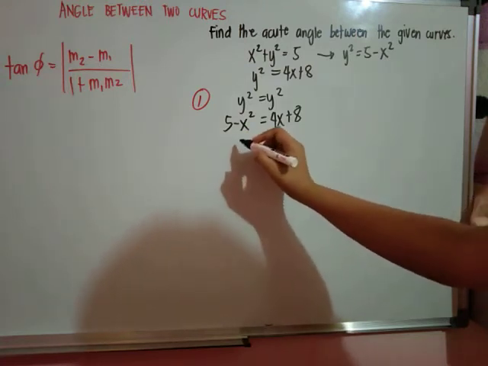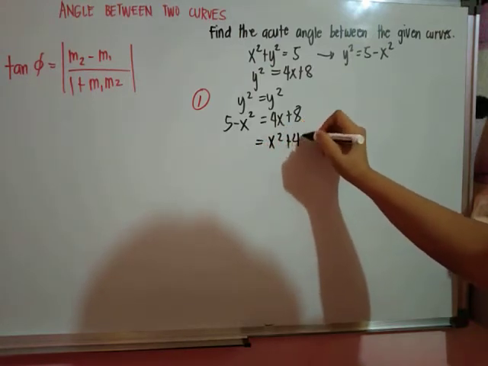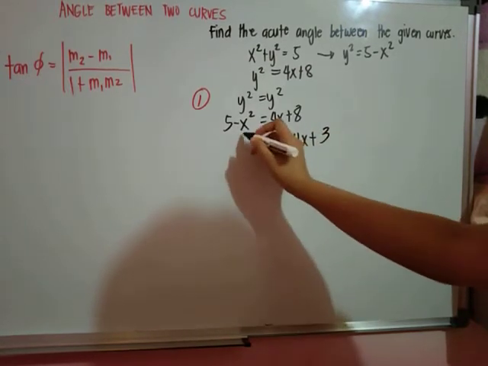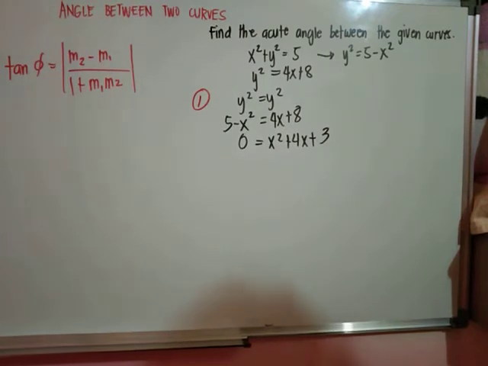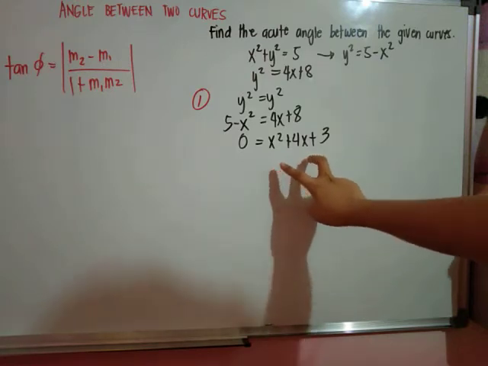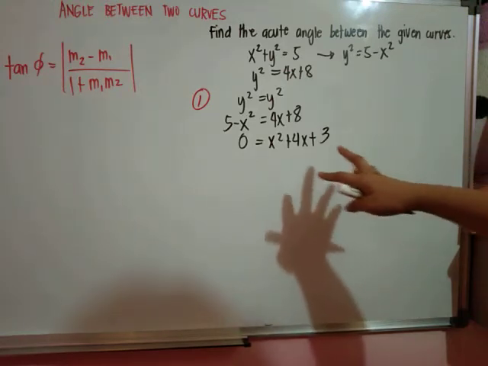So, now we have x squared plus 4x plus 8 minus 5, which is 3. So, we have a quadratic equation here, meaning dalawa yung roots ni x. So, hanapin natin ngayon yung roots ni x dito. So, pwedeng ang gawin natin is by factoring. Ifa-factor natin to.